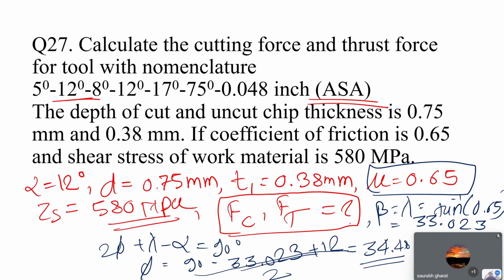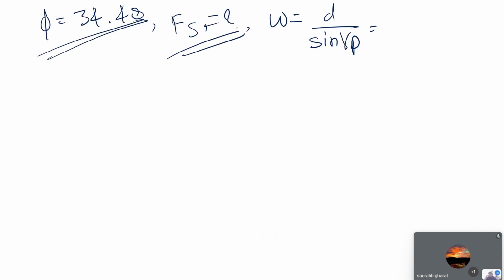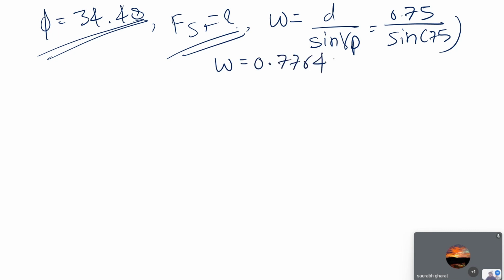So w will be equal to 0.75 divided by sine of 75, which is 0.7764 millimeter. This will be a concept. So what is your Fc?